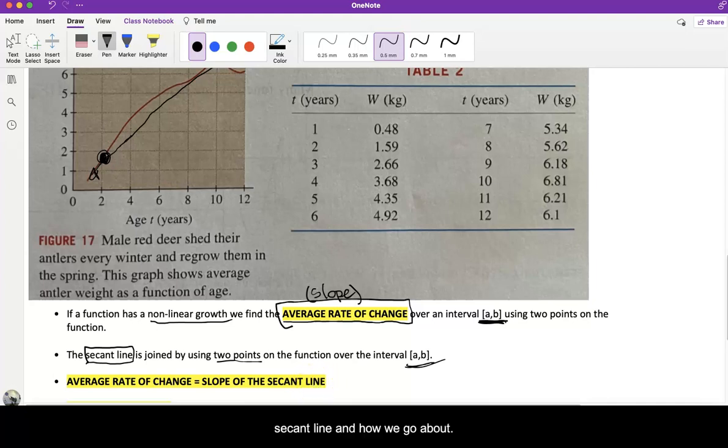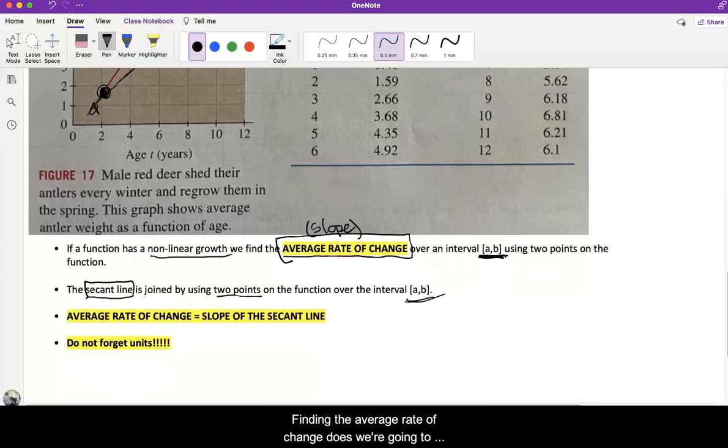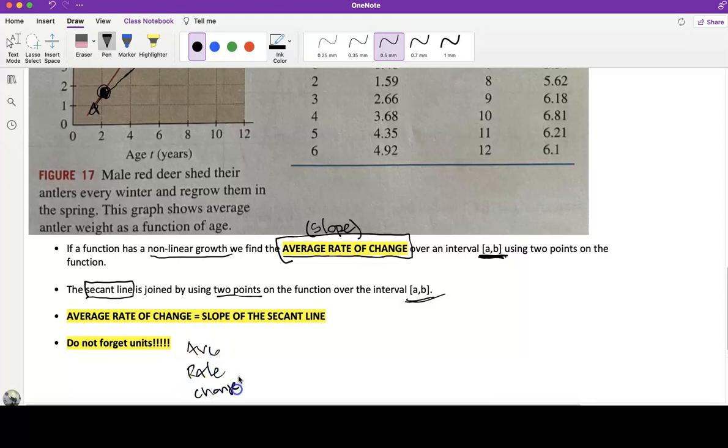And how we go about finding that average rate of change is we're going to have to use a mathematical formula, right?